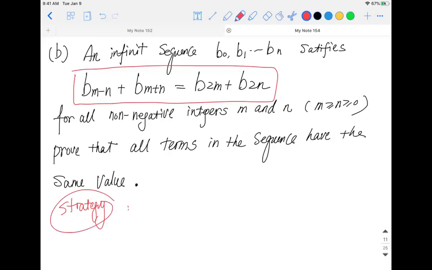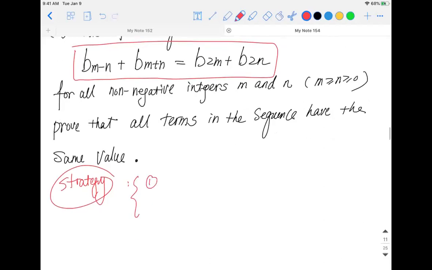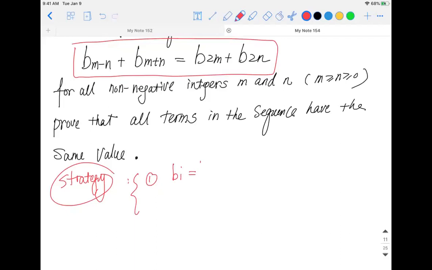As long as the question asks you to prove all the terms are the same, basically there are only two ways to prove it. The first one is you want to prove Bi equals Bi minus 1, right? Any adjacent two terms are the same. So this is basically all the terms are the same, right? It's quite understandable.